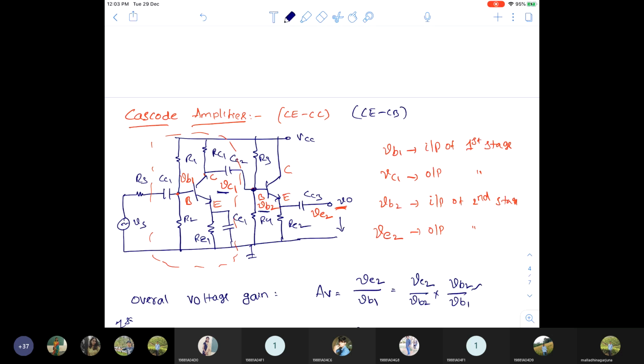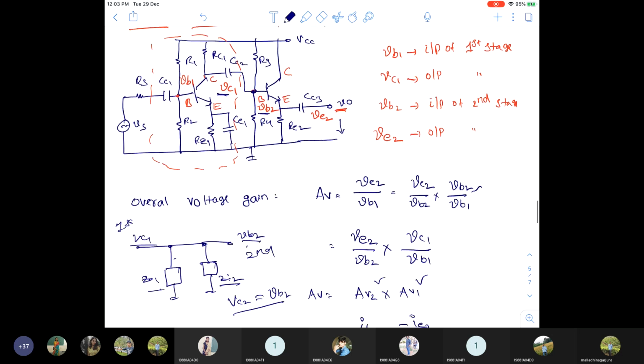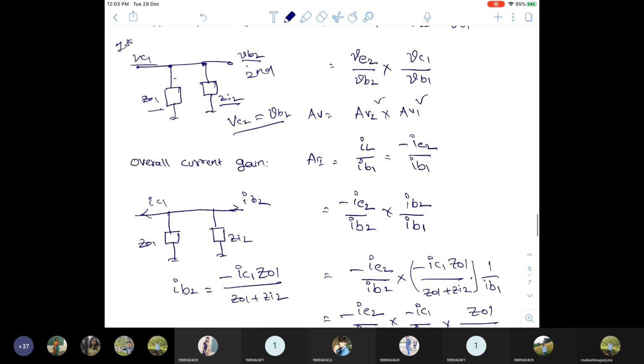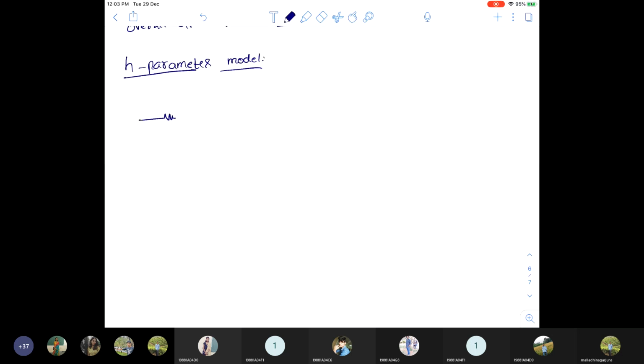Replace all active devices by the H parameter model. There is a procedure that we discussed in the second module. According to that, I'm just redrawing this cascade amplifier with the H parameter model, like this. This is the first stage.